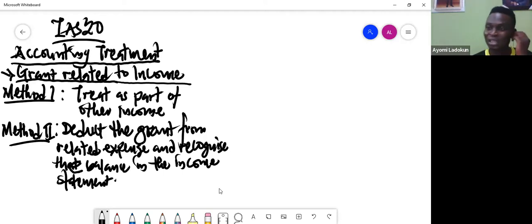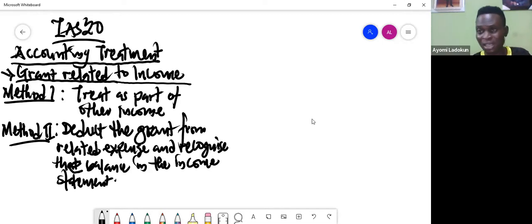So what does that mean? You will not show that government grant as a line item in your account, unlike method one. Method one is saying treat as part of other income. That means you show government grants in your account. But here, you would have deducted it from the source. You will not show it in your account at all. You'll just be showing the net amount in your account. But that seems to contradict IAS1, okay?